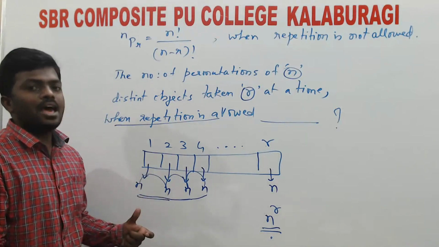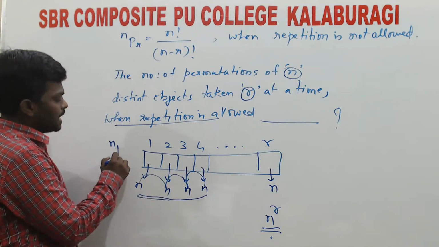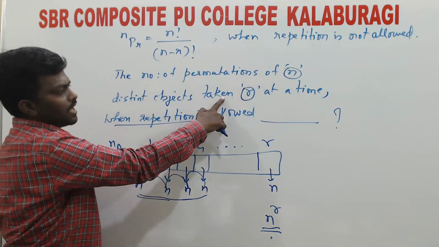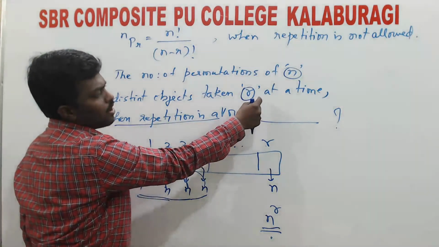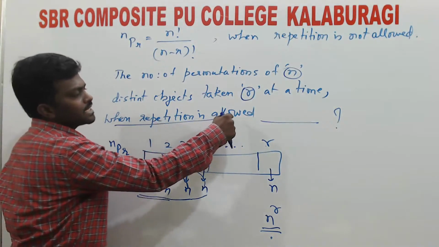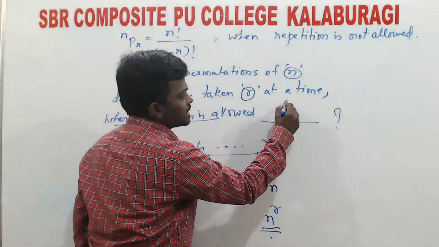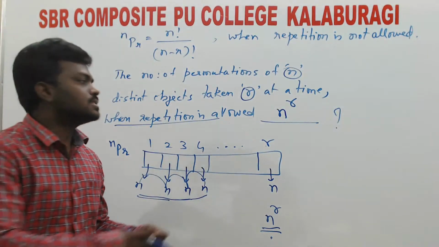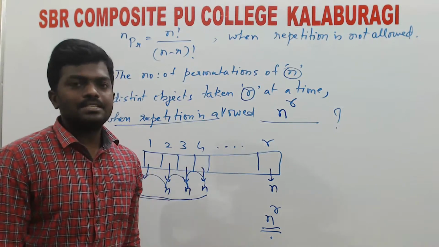So the formula of nPr, when n distinct objects are given and you have to arrange them among r places, and one more condition is that repetition is allowed, is n to the power r. Okay, so these were some of the formulas. Is that clear?